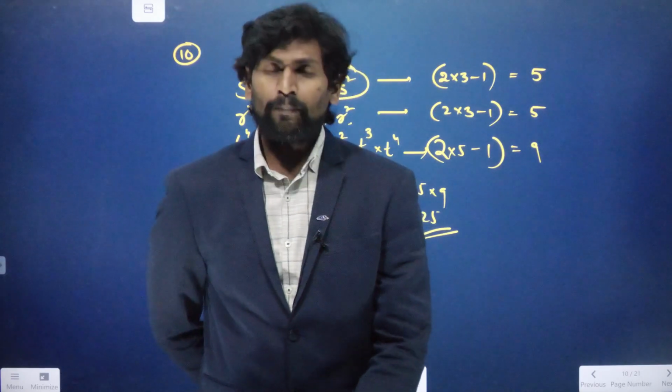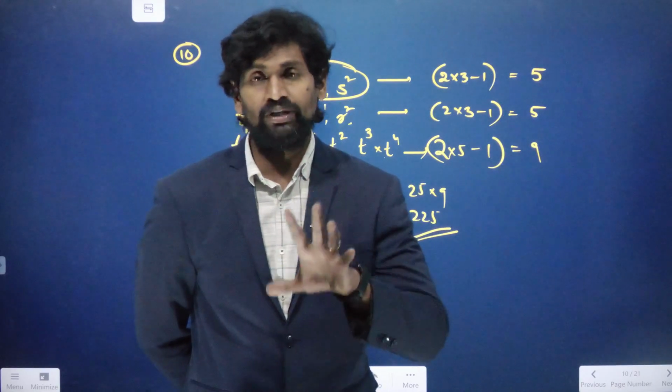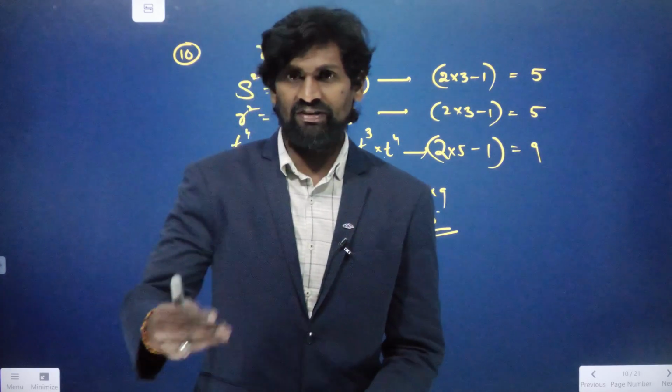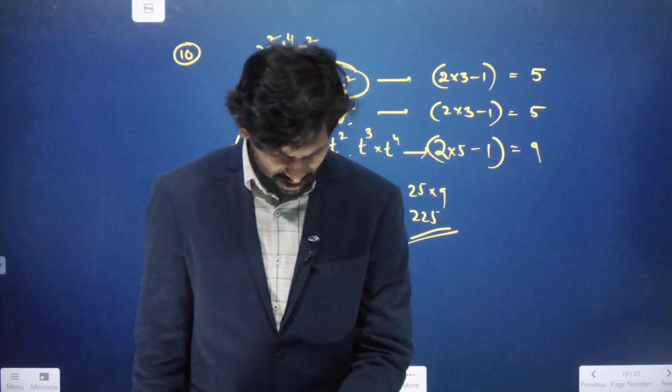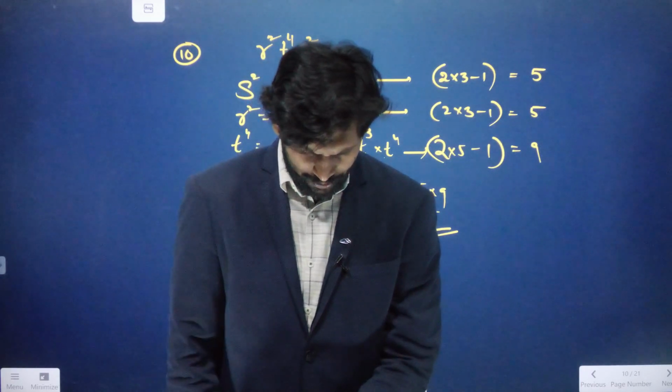So 5 letters can be arranged in 5 envelopes in 5 factorial ways, and all must be wrong, right? All envelopes will be wrong.